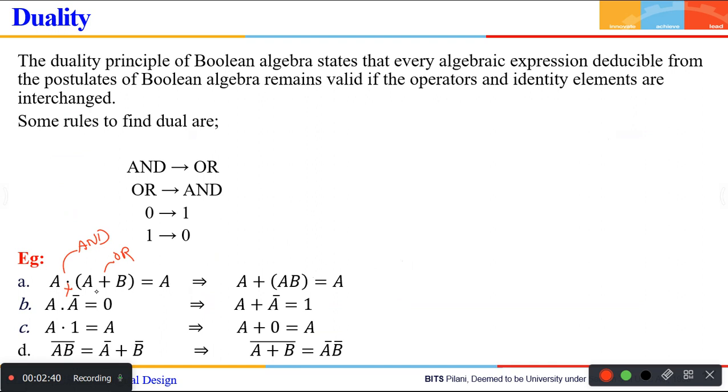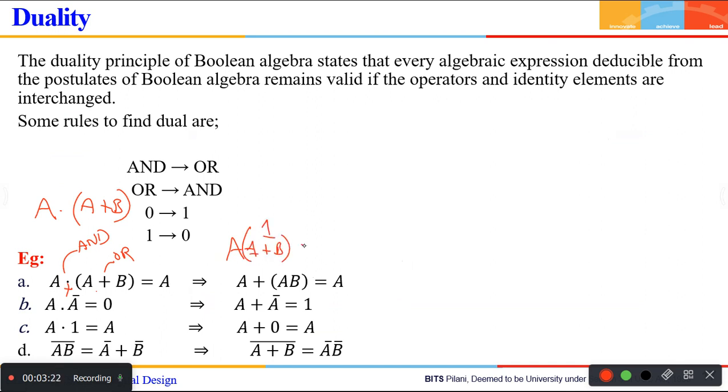See here, a dot (a plus b), simplify this. Can you simplify this? a into a, plus a into b, right? You get a plus ab. You take a outside, you have a into (1 plus b).